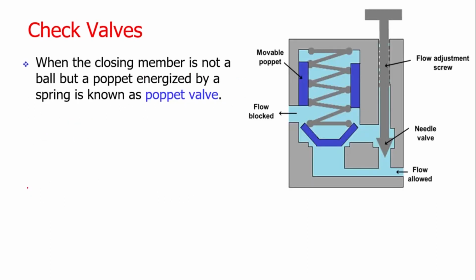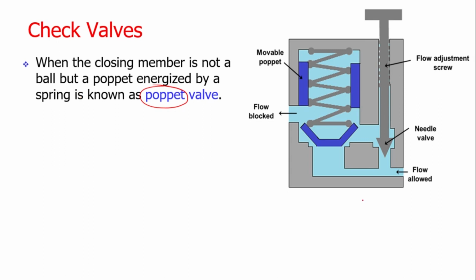When instead of using a metal ball to control the flow of fluid inside a hydraulic valve, you are using a metal poppet, that is called a poppet valve. The poppet is nothing but a cylindrical mechanical element which can be seen on your screen.